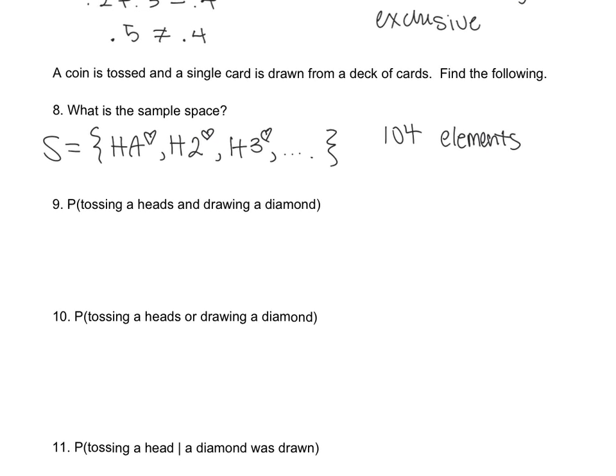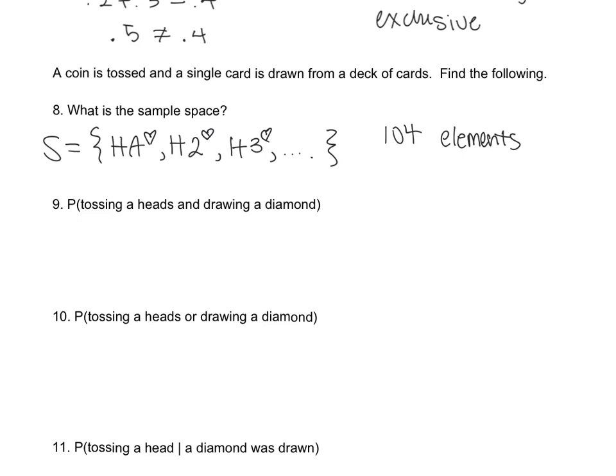So 9 asks the probability of tossing a heads and drawing a diamond. So because there are 52 cards in the deck, 52 of my outcomes are going to contain heads, because I have to go through heads and then all of those cards.